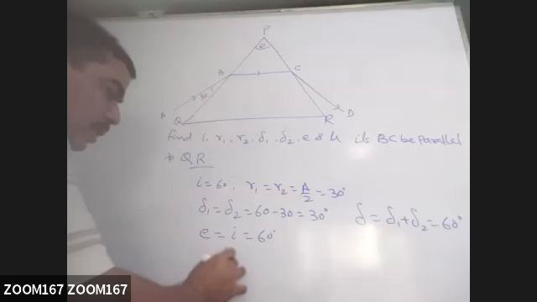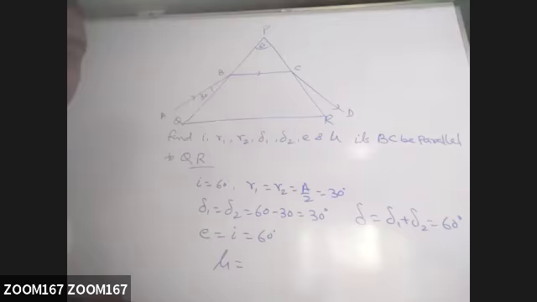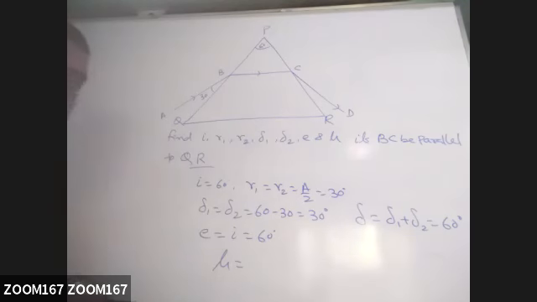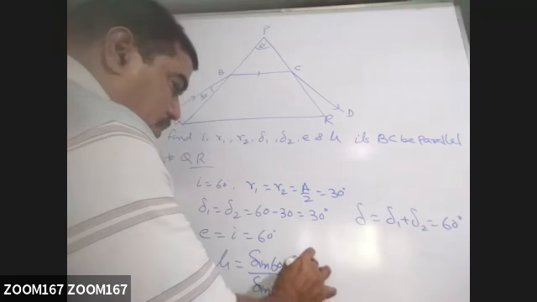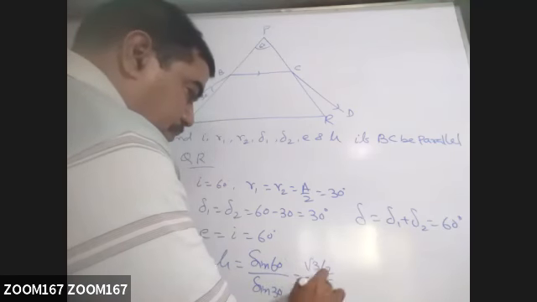What is the refractive index? Sin 60 by sin 30. 3 by 2 over half. 1.73.